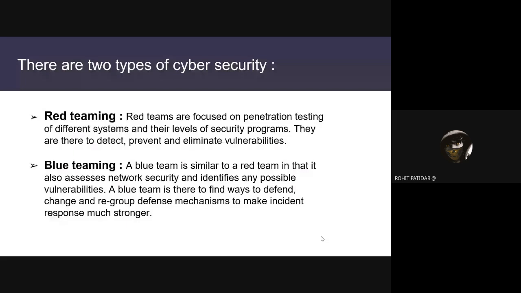What is the blue team? The blue team takes the response that there is some vulnerability in that part of the system, or that the system is vulnerable to such things. The blue team takes all the information from the red team, and then has the responsibility to fix that security posture and maintain the integrity of the system. So these are the main types of cybersecurity: blue teaming and red teaming, and both of them have huge scope nowadays, as cybersecurity provides a tremendous number of jobs.